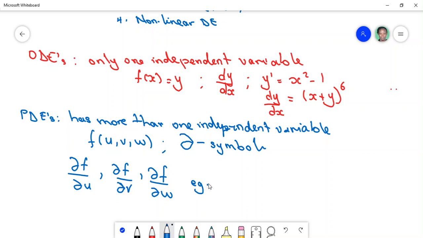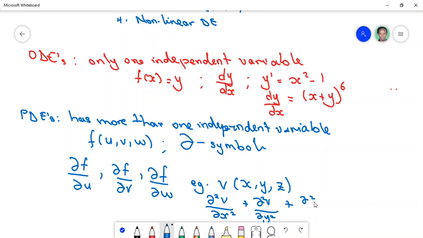Let's take an example. So if I have a function v of, let's say, x, y, and z, I could have the second partial derivative of v with respect to x squared plus the second partial derivative of v with respect to y squared plus the second partial derivative of v over z squared.